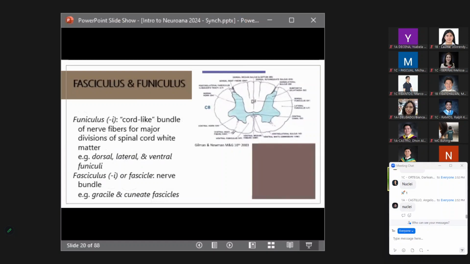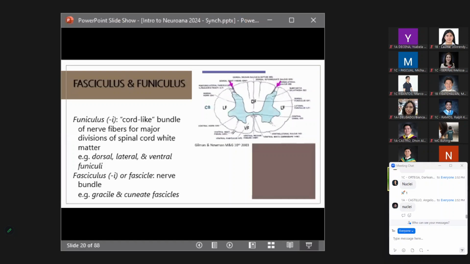You have the dorsal or posterior funiculus, the lateral funiculus on either side, and the ventral or anterior funiculi, on the right and left. They are separated by particular grooves, sulci, or fissures.